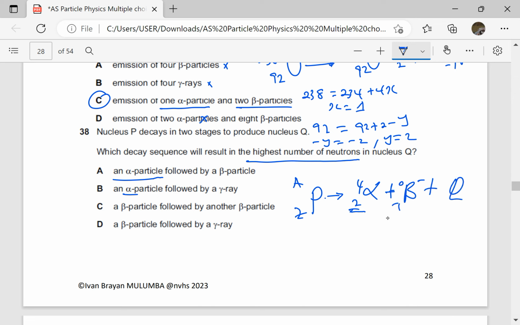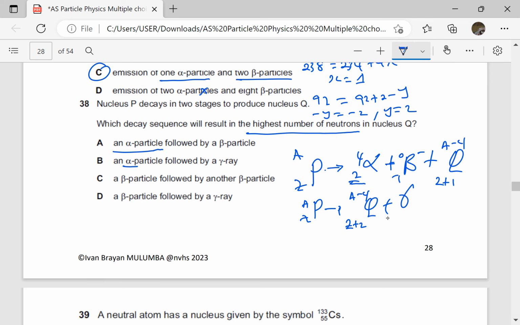So Q will be Z plus 1, and this will be A minus 4. So the neutron number is A minus 4 minus Z plus 1. Let's compare the two alpha particles. An alpha particle followed by gamma radiation means P, A Z, will just be Q, A minus 4, Z minus 2, plus gamma.